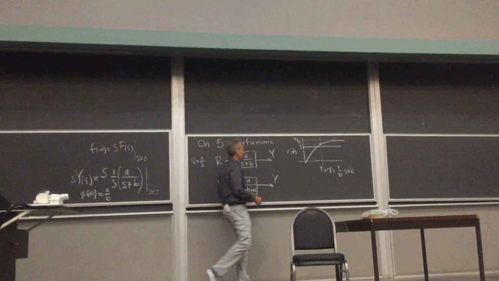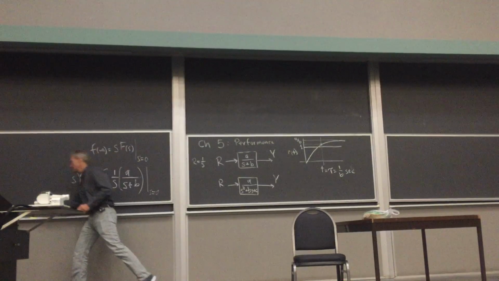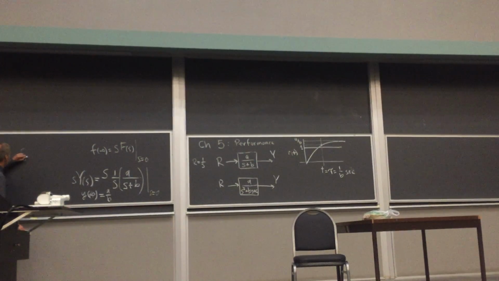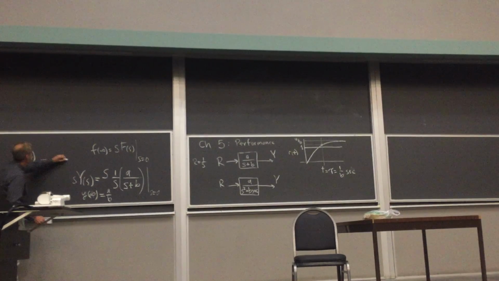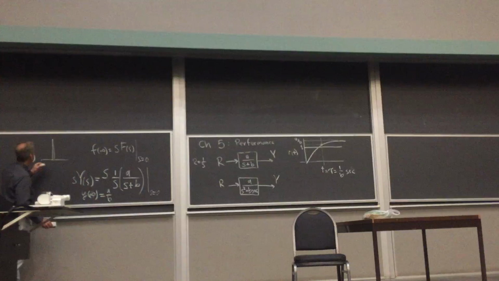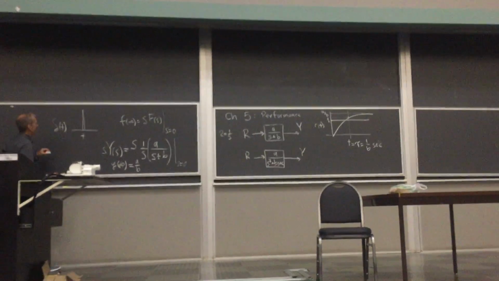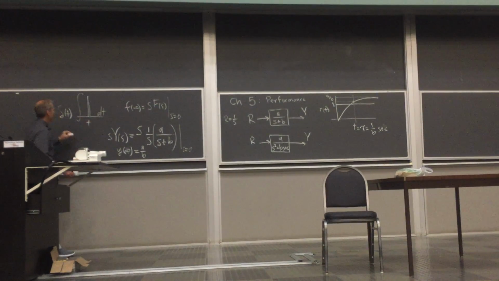Another kind of input, though, is an impulse. And an impulse is interesting. I call it the Dirac delta function of t. It's basically an infinitely high pulse at time 0, but it has the property that if you integrate this dt, you get what?